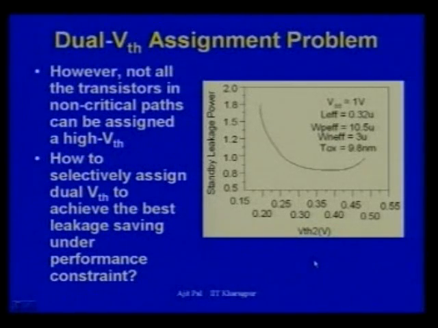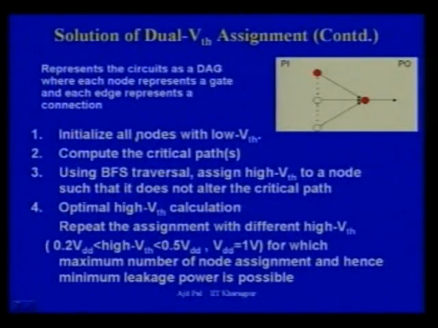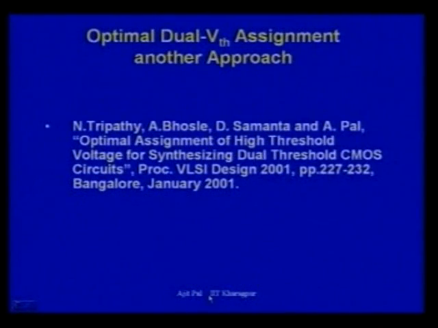So some research was performed, and an algorithm was developed. This is the algorithm by which you can identify the gates and the high VT threshold voltage that you can apply to the gates on the non-critical path, and you can reduce the leakage power significantly.